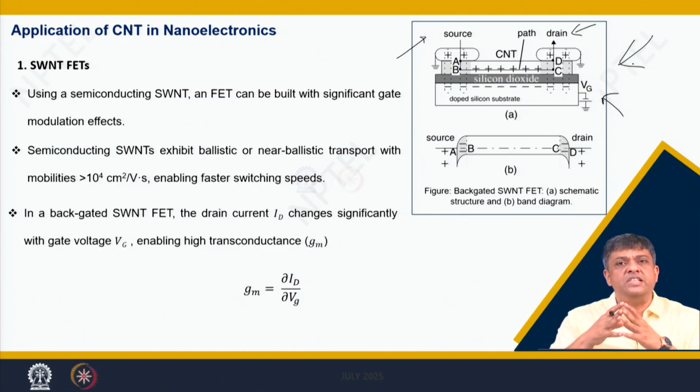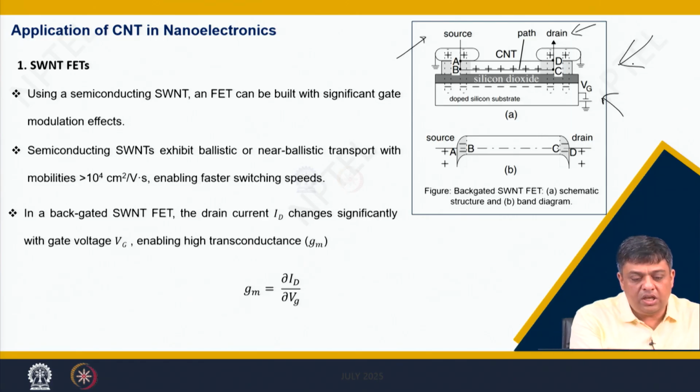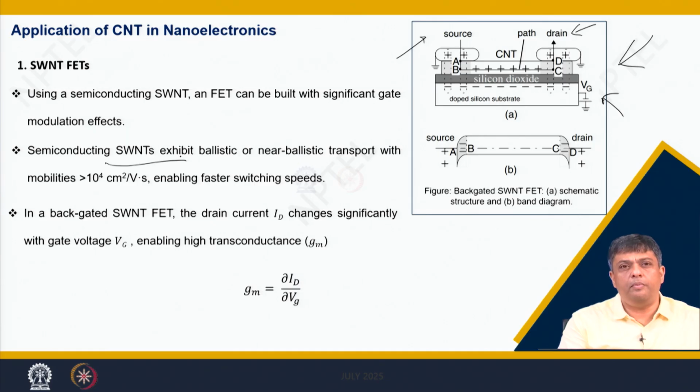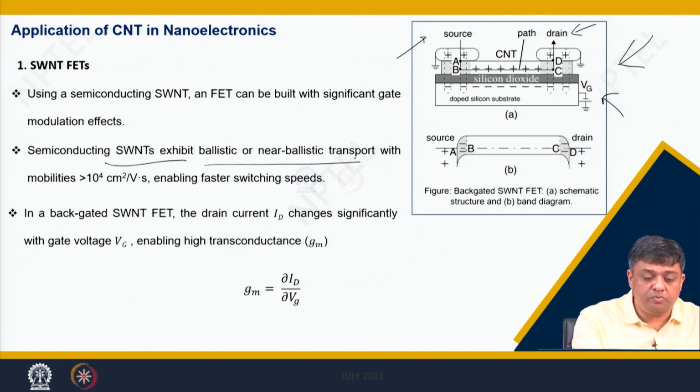For this case, we will consider electrical fields. Now, if you look into the SWNT, they actually show ballistic or near ballistic transport with mobilities as high as 10 raised to the power of 4 centimeter square per volt second.